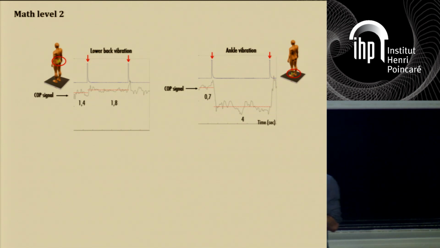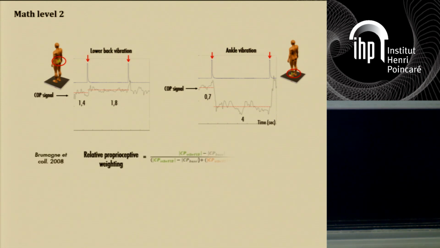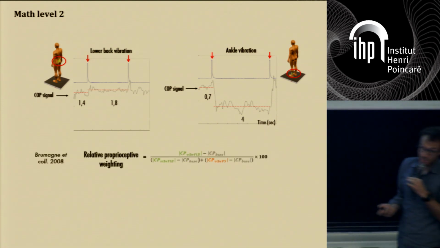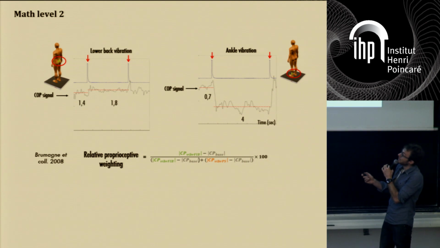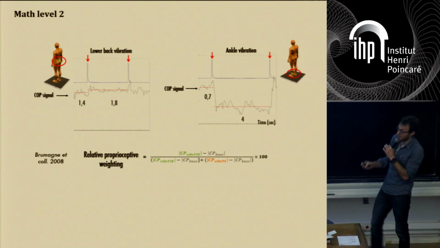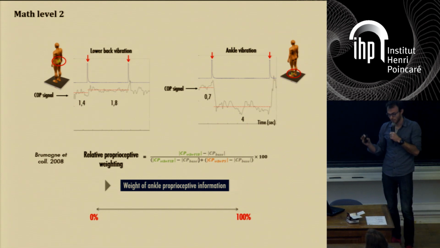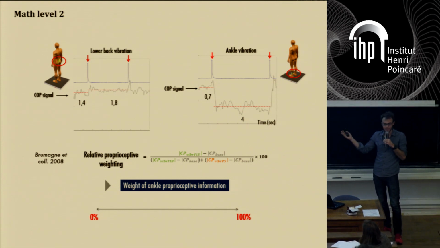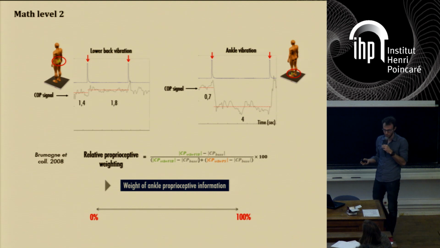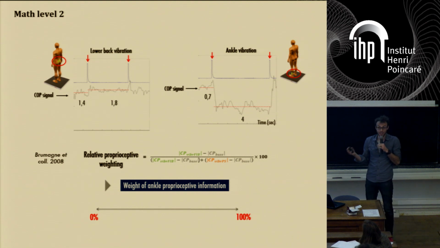This perturbation can be seen here on the center of pressure signals. What we do is analyze these perturbations to calculate what we call a relative proprioceptive weighting, by this equation. That illustrates the weight of the ankle proprioceptive information. Basically it tells if I use very much the information coming from my ankles or not.